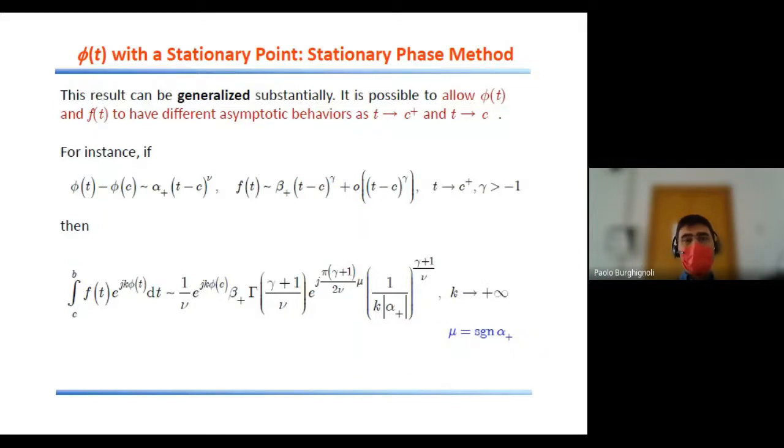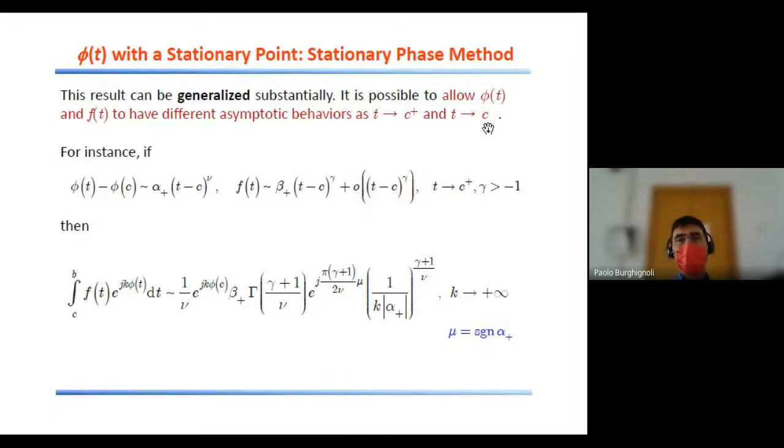This result, the stationary phase method, can also be generalized in different directions. For example, you may allow the function phi and also the function f to have different asymptotic behaviors as you approach the point c from the right and from the left. Here there should be a minus sign in the superscript.